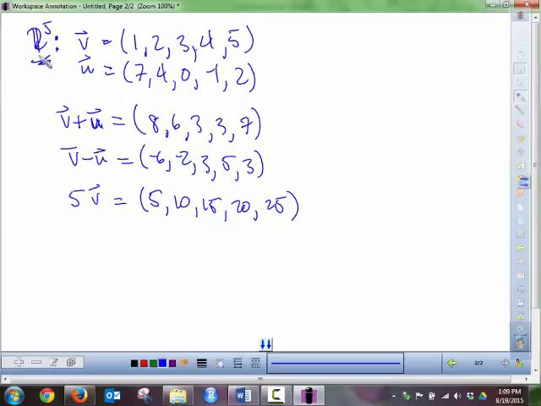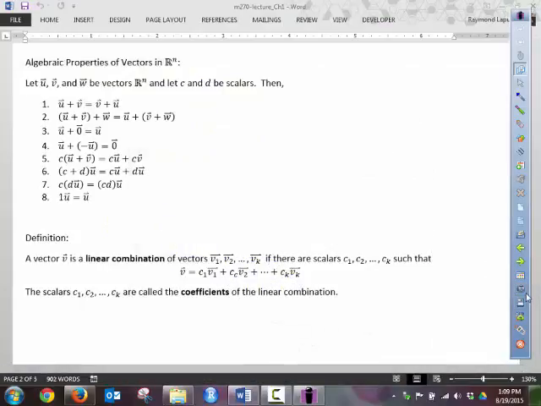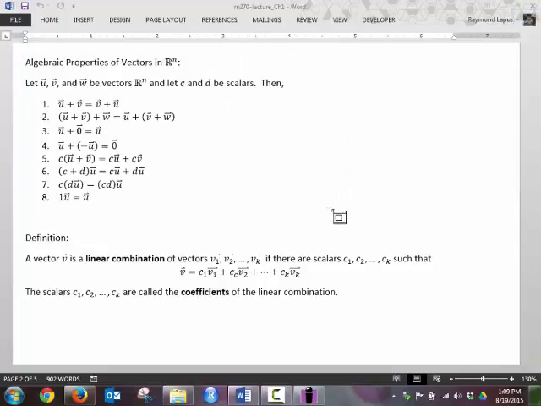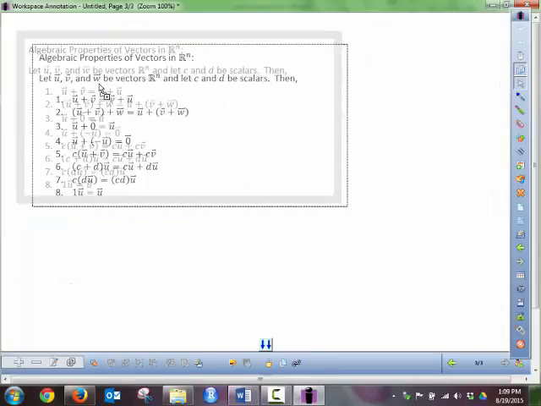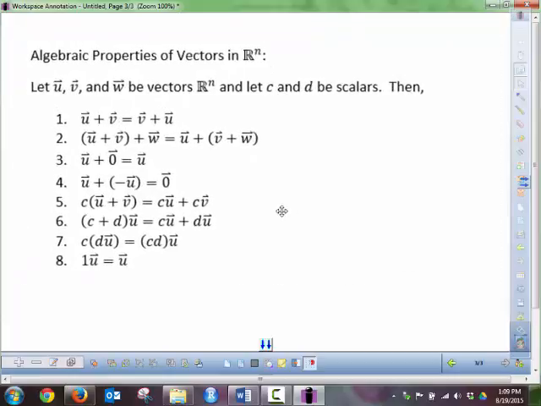All right, so these are some of the basic operations that we've discussed already, and these basic operations have certain properties like commutativity and associativity. I would just like to list down those properties and not really talk much about them. In a more mathematical linear algebra class, we would spend time proving this.